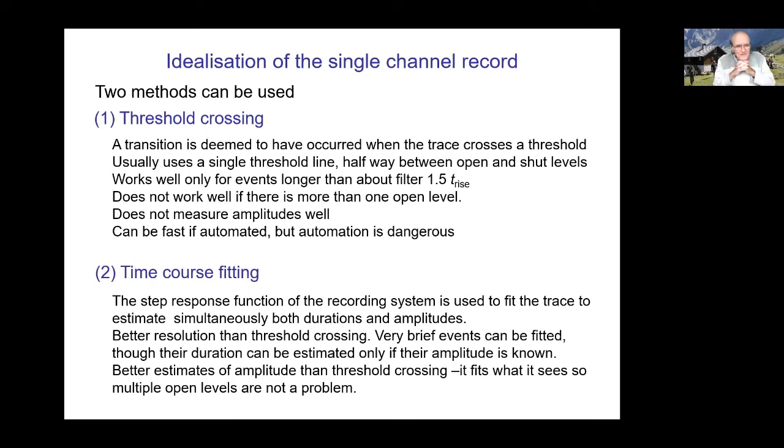In threshold crossing, a transition is deemed to have occurred when the trace crosses a threshold level, which is usually halfway between open and shut levels. So it's no good for anything that has subconductance levels, for example. And it works well only for events that are longer than about 1.5 filter rise times.